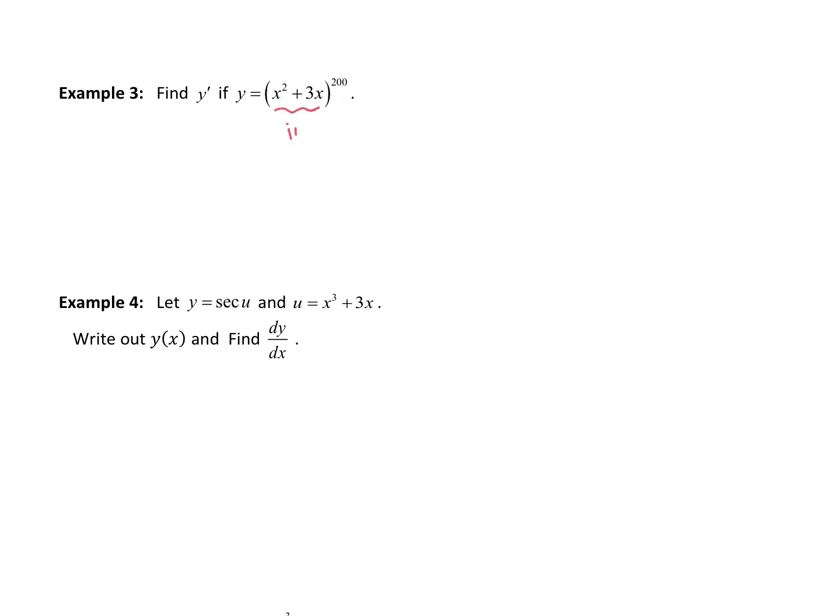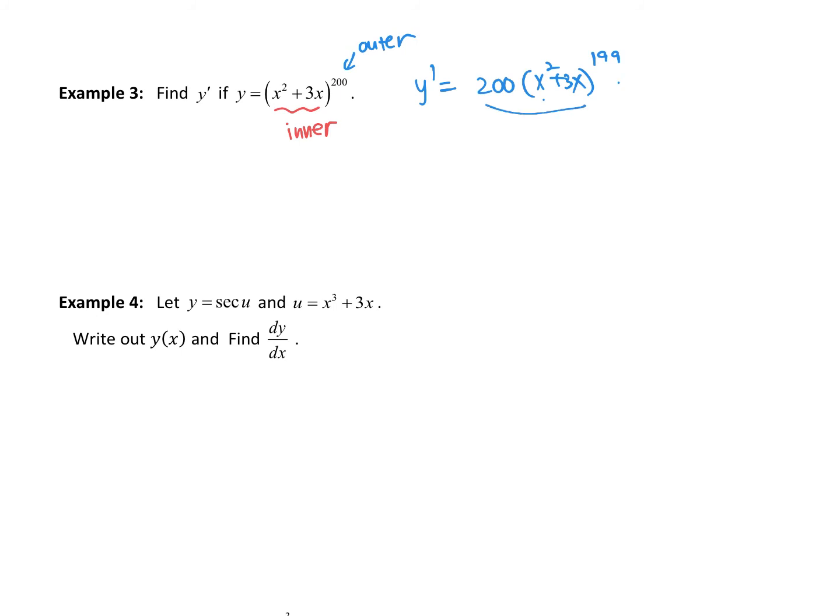This is my inner, and this is my outer. Okay. So y prime is, you find the derivative of the outer function first. So what's the derivative of the 200th power? That's 200 to the 199 power. And then again, the chain rule says leave it inside, don't change it, times the derivative of whatever is inside.